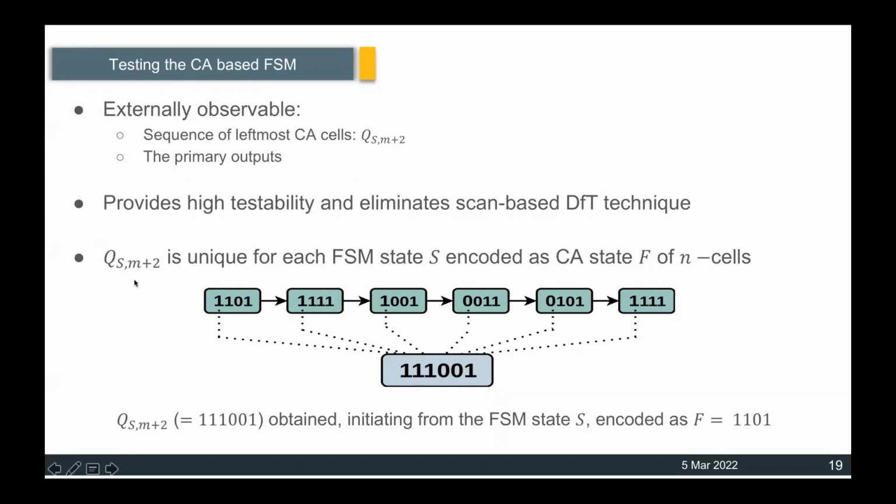So in this example, if you take the first state and apply 5 transitions, you should get a vector of dimension 6 bits, because you are exporting the MSB for each state. As you can see here, I start with 1101, I export a 1, I go to the next state, and I export a 1, and likewise I get a sequence which is called QSM+2, and it is the sequence 111001.